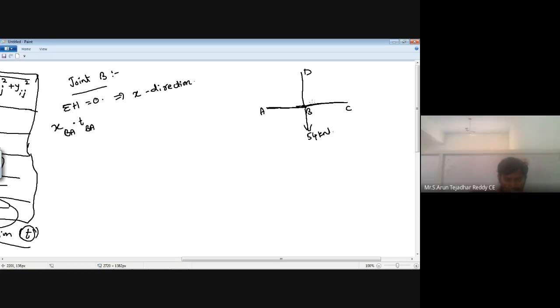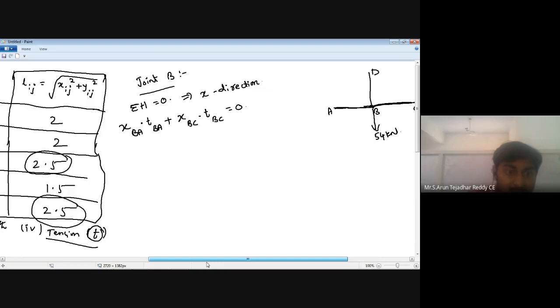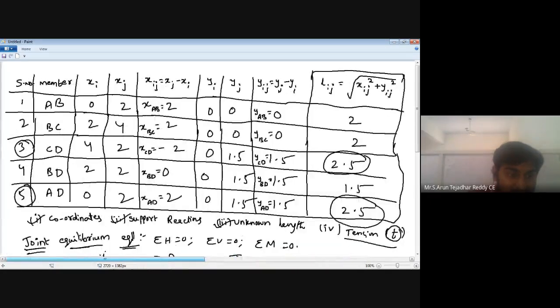Next, one more member is acting from B to C: XBC should be multiplied with the tension coefficient TBC, is equal to 0. Next, what is the XBA value? What is the XBC value? Once check in this diagram, where is BA and BC? Here there is AB and BC. Now what is the value of XBA?